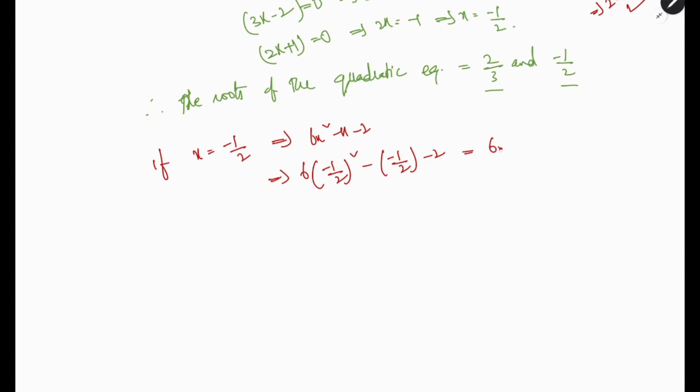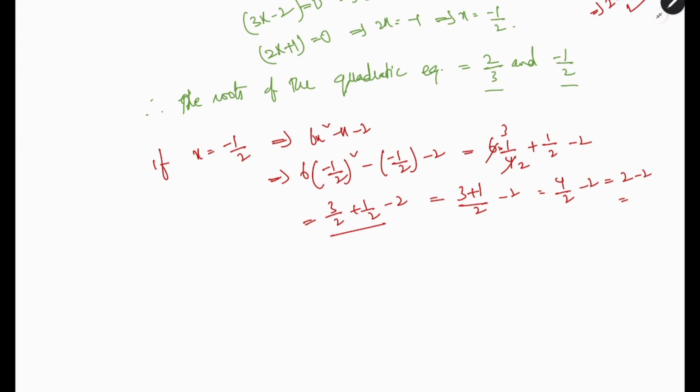That is 6 into 1 by 4 plus 1 by 2 minus 2, which is 3 by 2 plus 1 by 2 minus 2. Taking LCM, it is 3 plus 1 is 4 by 2 minus 2, that is 2 minus 2, which is 0.